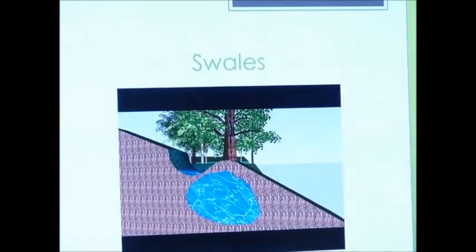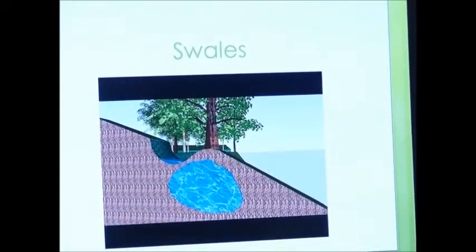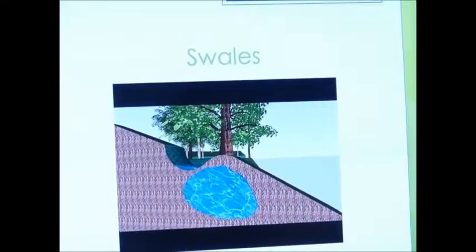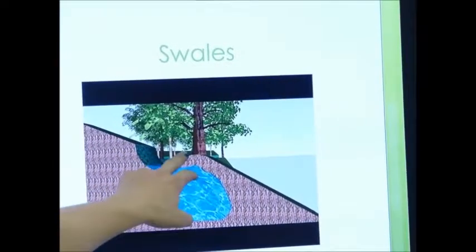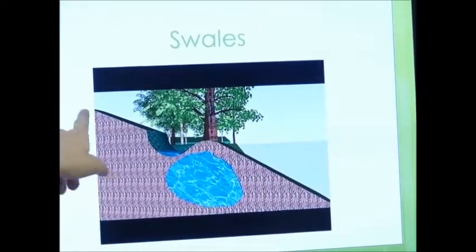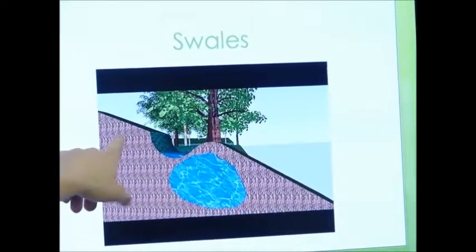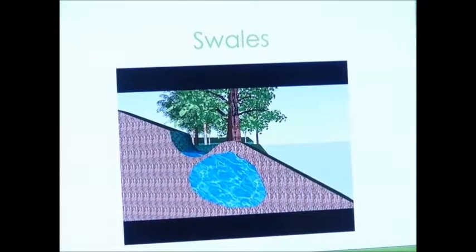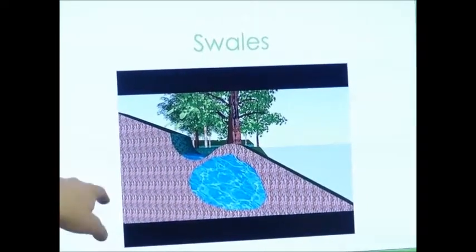Swales, which I have a model of here if you guys want to practice with that. The idea is you create a little ditch right here, and it creates a berm, a little hill in the landscape, where water comes running down the hill. These are built on the contour of the landscape, meaning wherever the slope is, they are built perpendicular to that.